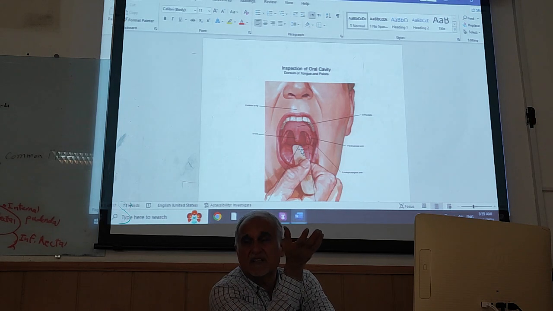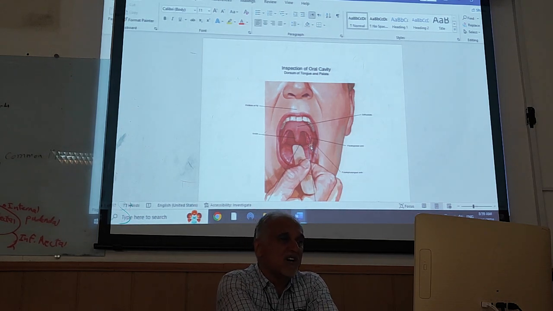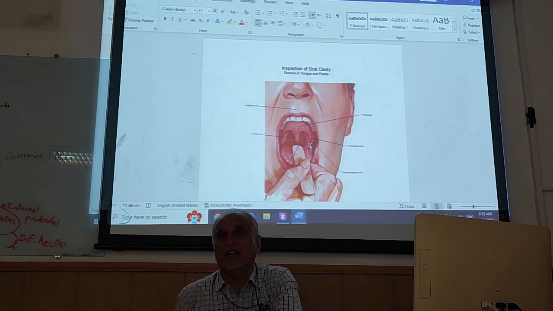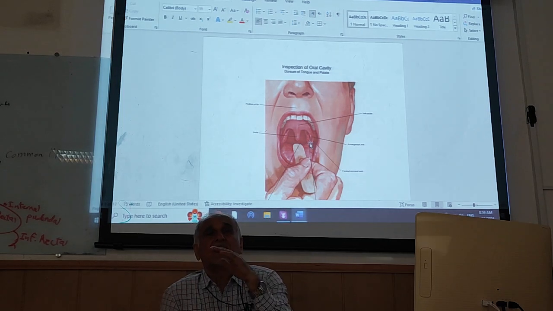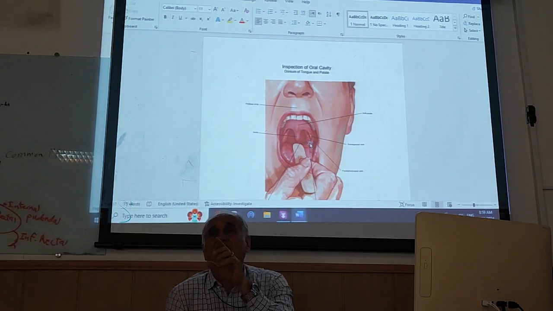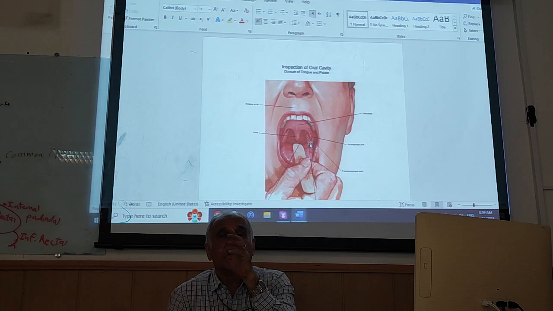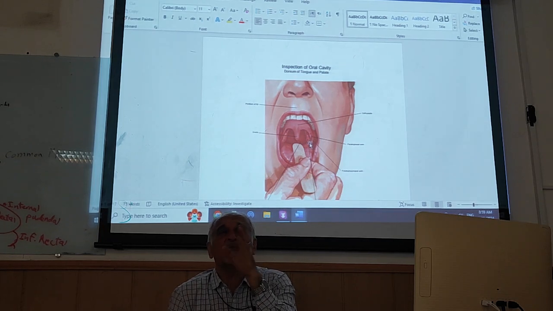Yes, we say this was the lingual tonsil, pharyngeal tonsil, and adenoid. Have you heard about this before? Adenoid is the most posterior part at the nasal space, I mean the nasopharynx.